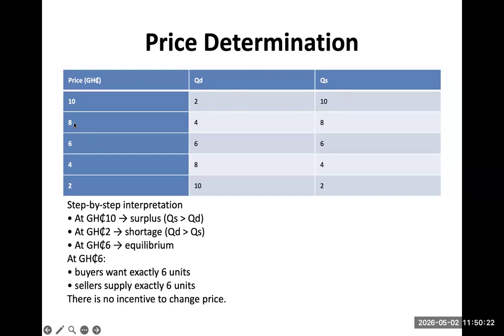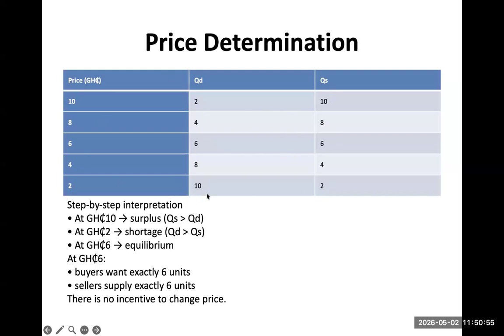When the price fell to 8, the buyers bought 4, but the suppliers supplied what? 8. So at the price of 10 Ghana cedis, there was a surplus because quantity supplied was 10, which was higher than the quantity demanded. But when the price fell to 2, the consumers, being rational, were demanding 10 units of the output, but the suppliers, being rational, were producing 2 units.